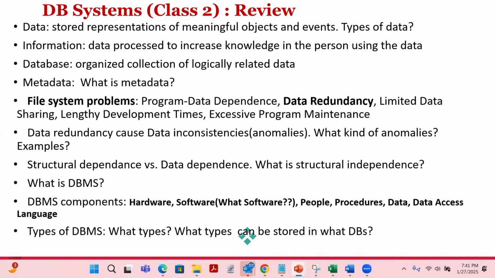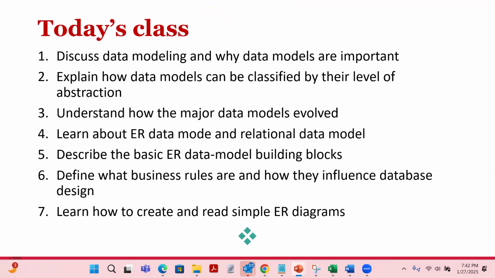So today we are going to expand a little bit on the last class, and we will talk on how organization stores data. We will be talking about data models today and why data models are important. We're gonna look briefly on evolution of the data models.